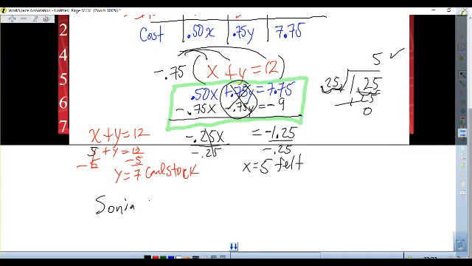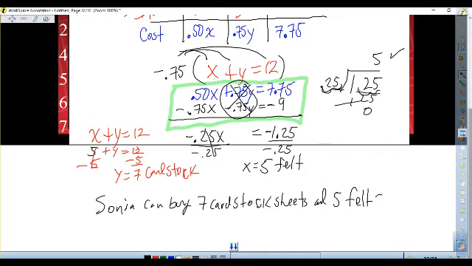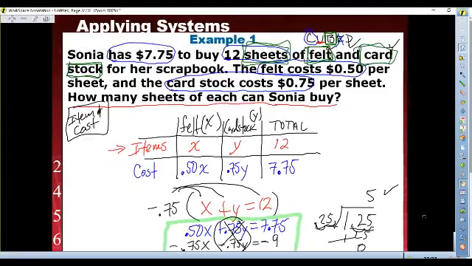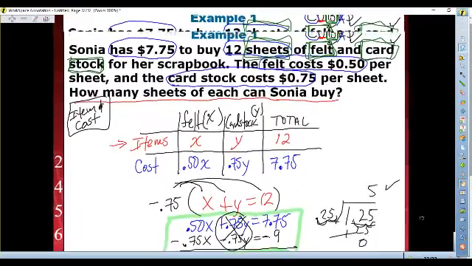Sonia can buy 7 card stock sheets and 5 felt sheets with, how much does she have? $7.75. Thank you. Look at it. What a beauty.